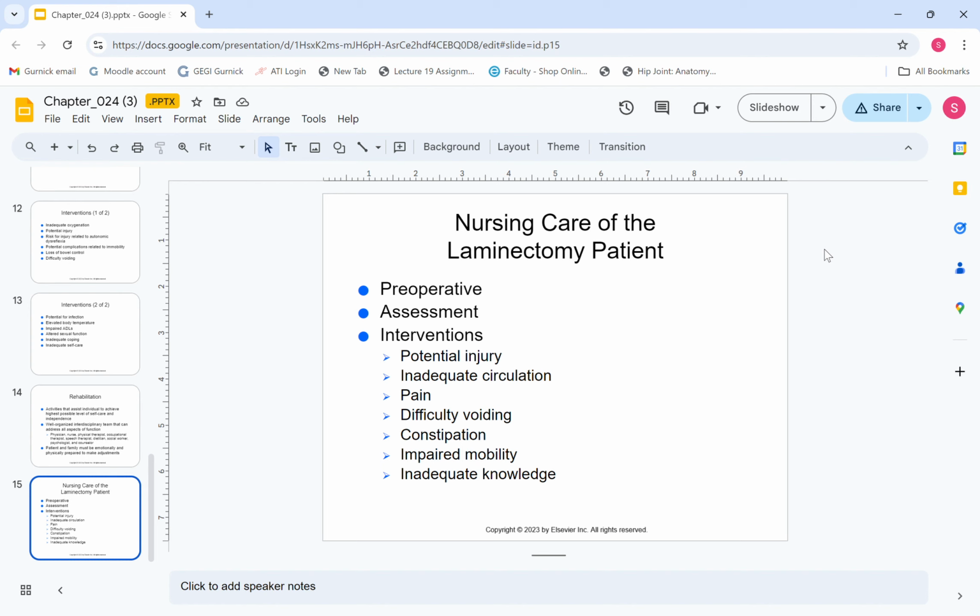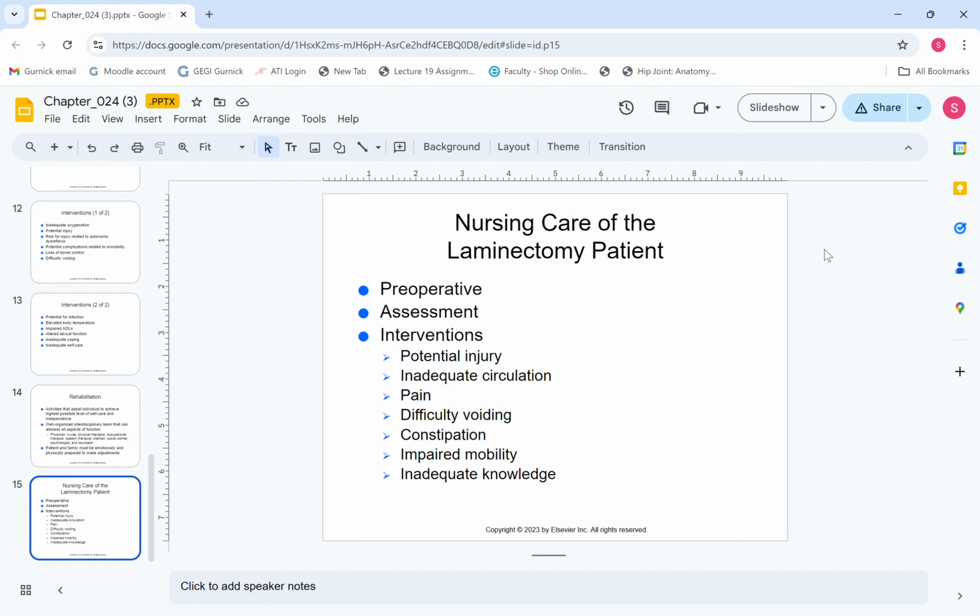You guys know where different injuries at certain vertebrae are going to cause certain problems. You should, of course, know the ones that cause respiratory problems, meaning the patient can't breathe on their own. That's going to be anything above C5.